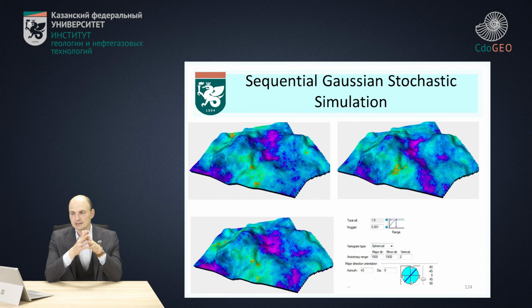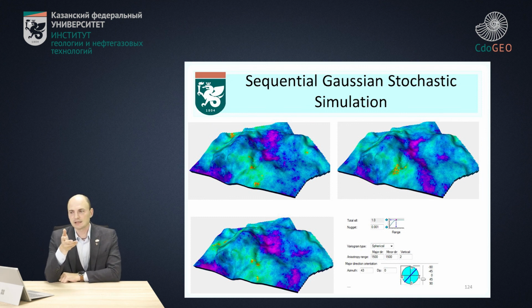That is happening because we have some wells inside this area, and because of these wells, this area is always going to keep small values. But in other places of our model, values can be either high or low, depending on the distance between the wells. Outside of the range, the values are independent, so in one case it can get really high values, while in another one it can get really low values.